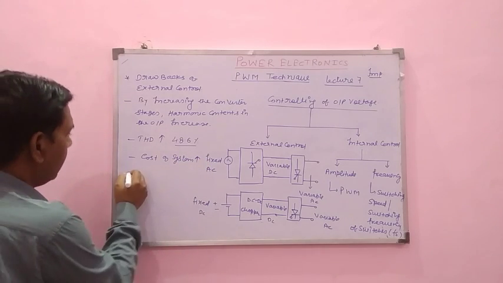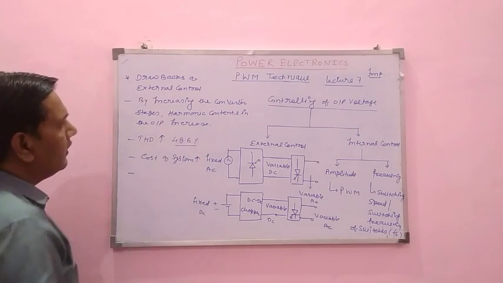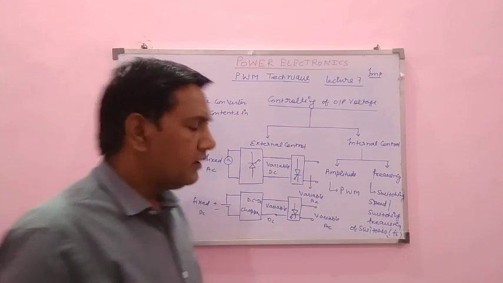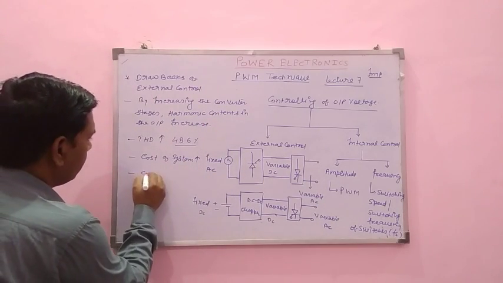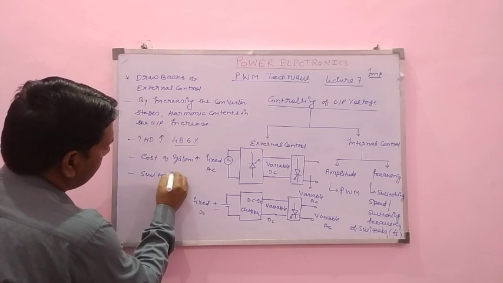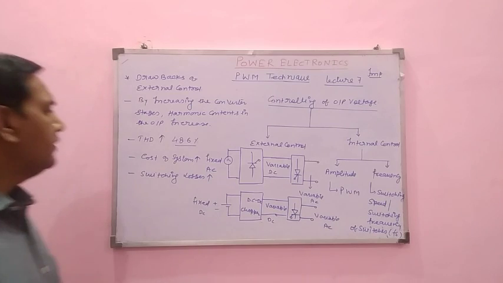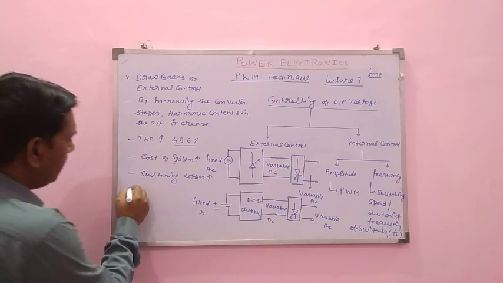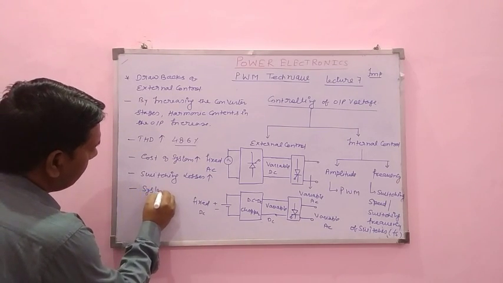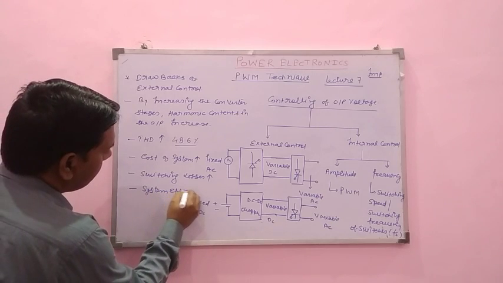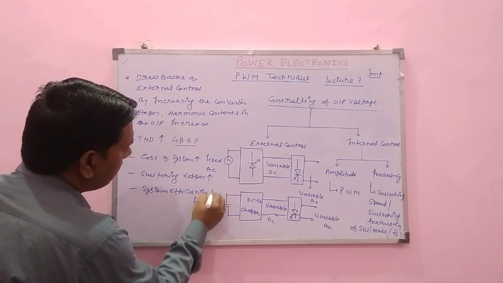Number third is when the stages of converter increase, switching losses will increase, and when switching losses increase, it means system efficiency will reduce.